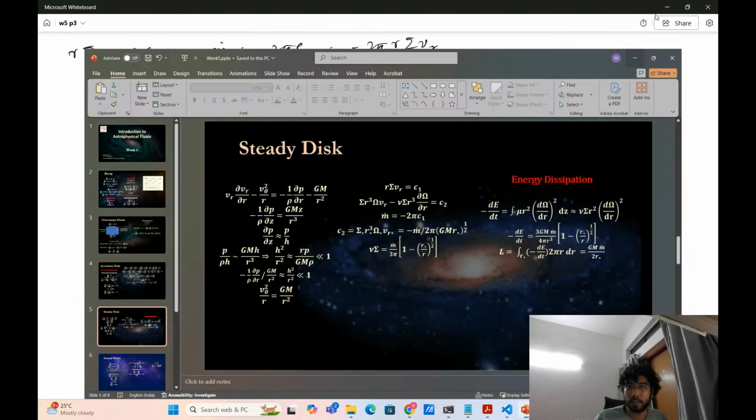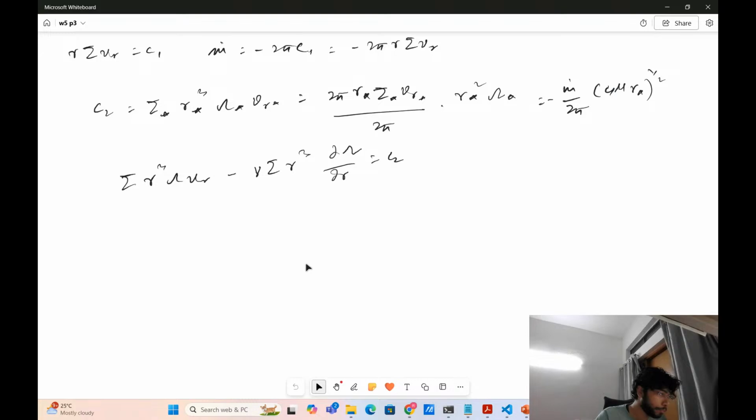So this is C2, and C2 as we saw is m dot by 2 pi times gm r star whole to the half. This is new, by the way.